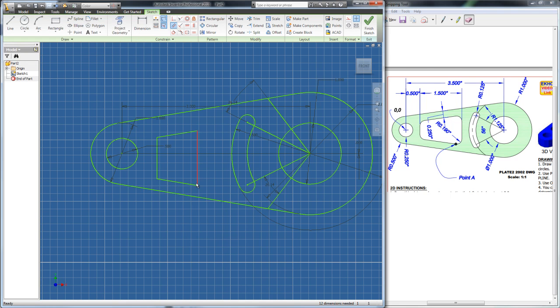Oh, it's already parallel. When I was drawing it, it sort of picked up that it was on the same angle. Now let's constrain the dimensions. So from here to here is a 1/2 inch, and from here to here is a 1.5 inch.